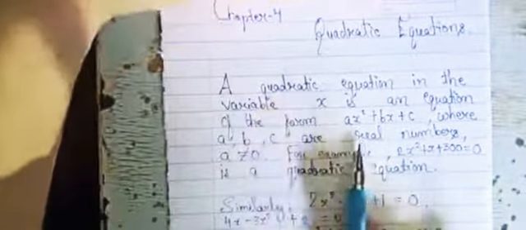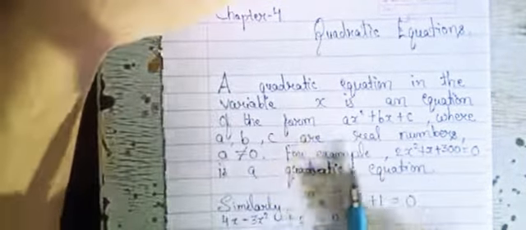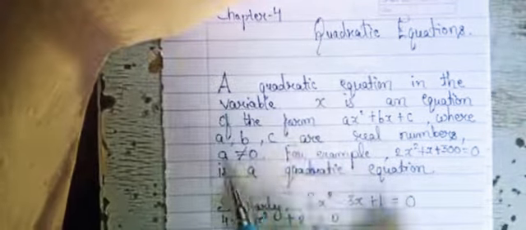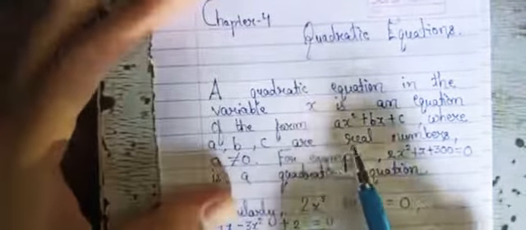It is of the form ax square plus bx plus c, where a, b, c are real numbers, and a is not equal to 0. a, b, c are coefficients, as we have studied in the previous chapters also.